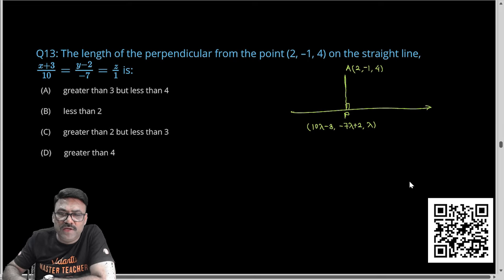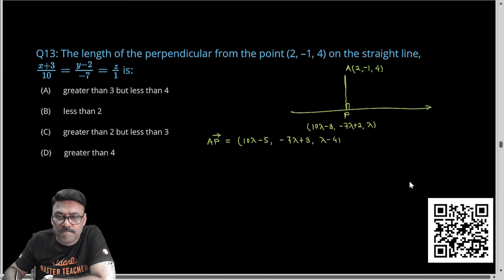Now if I find the AP vector, it is (10 lambda minus 5, minus 7 lambda plus 3, lambda minus 4). And a vector along this line is given by the direction ratios of the line, which are 10, minus 7 and 1.